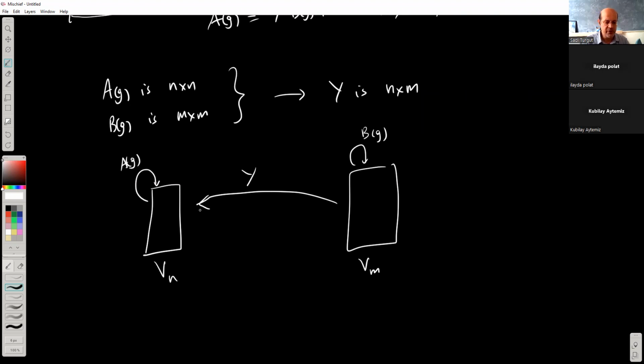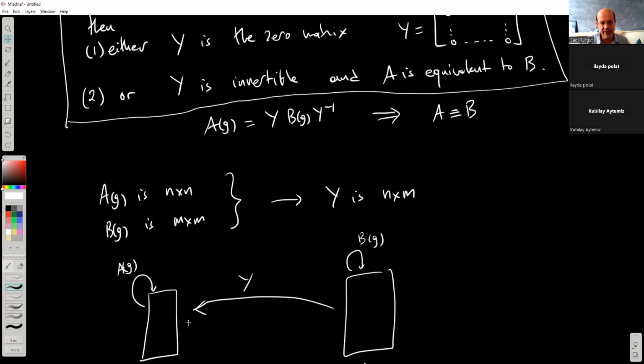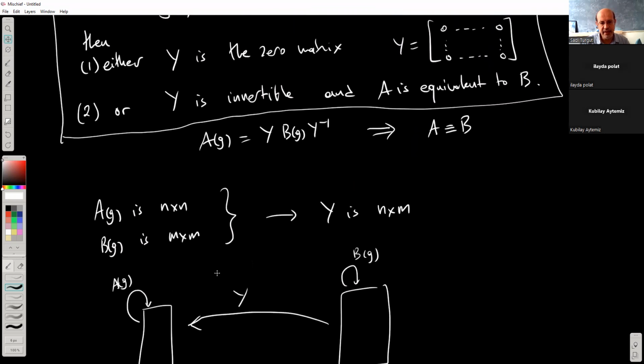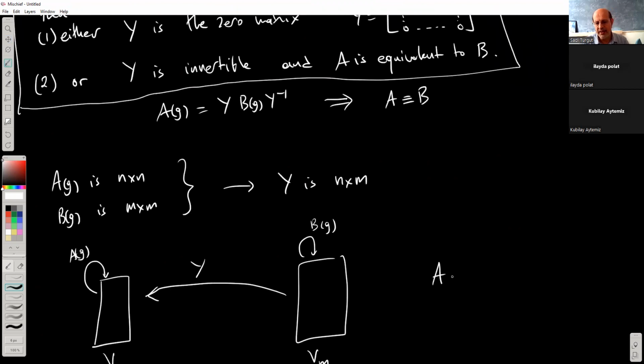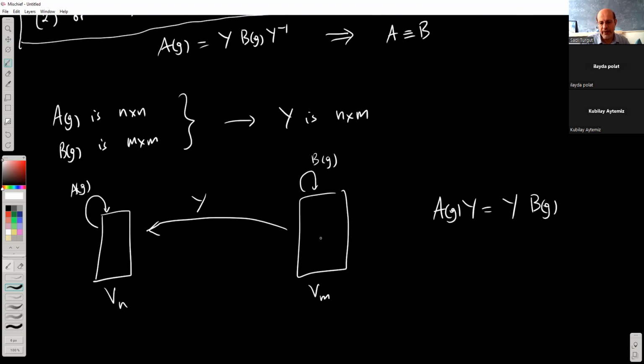What does this relationship tell you? It's not something that's easy to interpret. If you have a vector in here, you first symmetry transform it and then map with Y. This is the same as first mapping with Y and then symmetry transforming it in here.